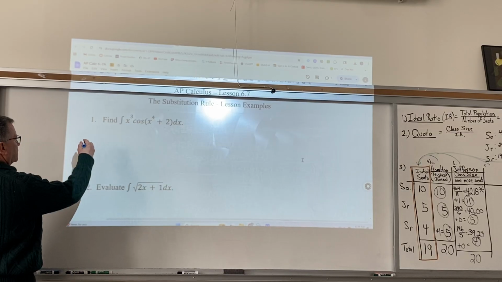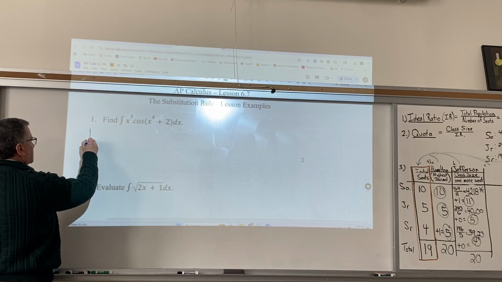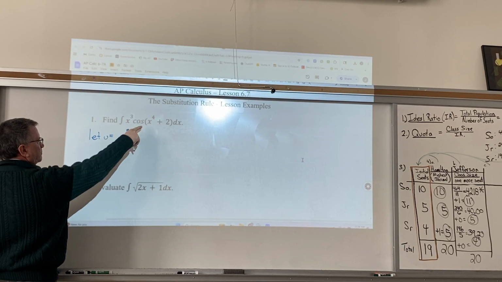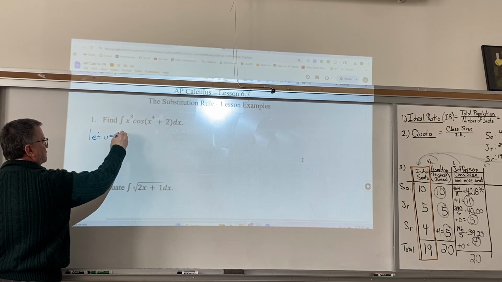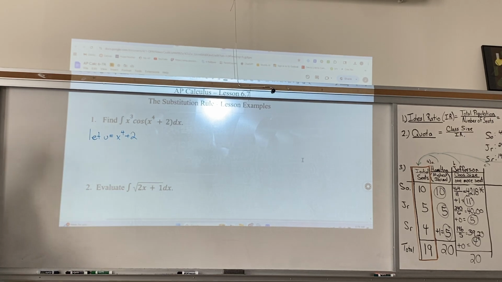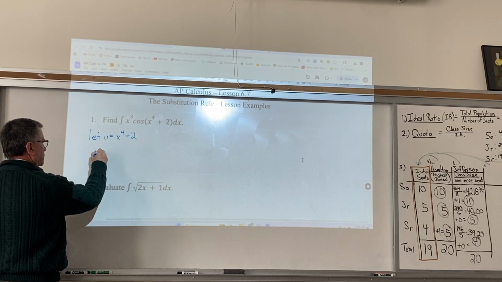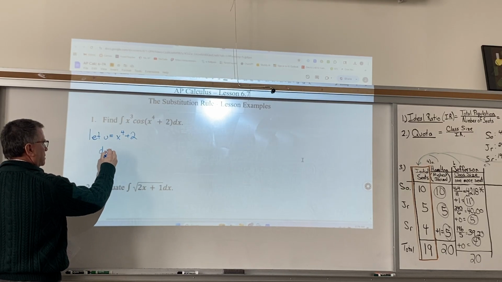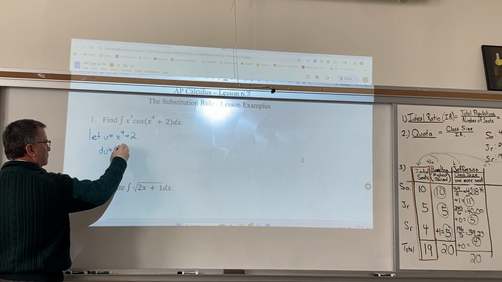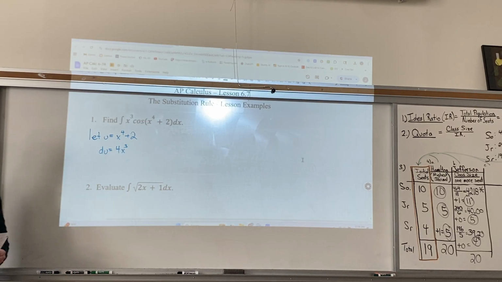So here's what I'm going to do. I'm going to try to simplify it. I'm going to let u equal x to the fourth plus 2. That means du will equal 4x cubed dx.